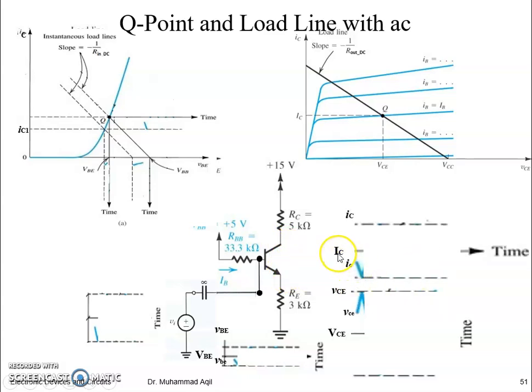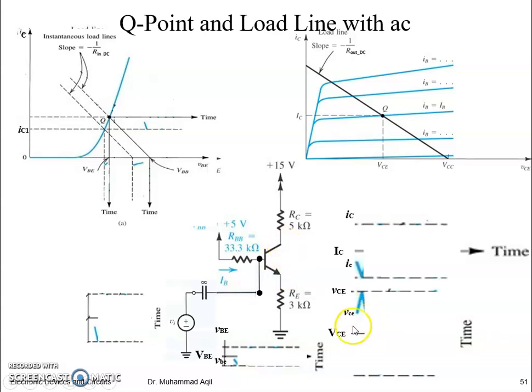What I am saying is that you have a decrease in AC IC, which when added with the DC IC previously available with only the DC supplies, makes total IC decrease from the DC value, and the contribution here and here is decreasing, so the contribution of VCE will be increasing.